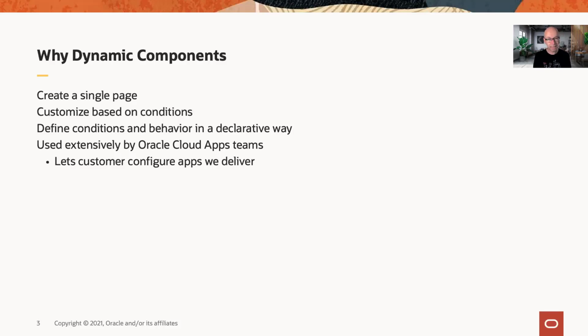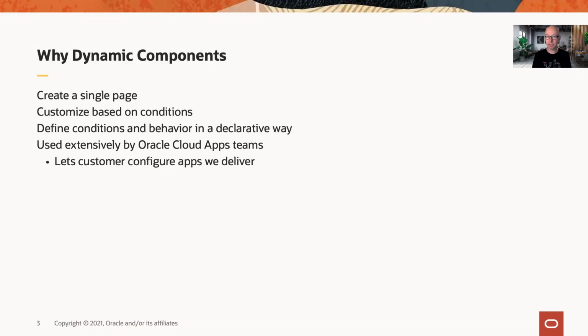So the idea is that you can now create a page, and the page would be customized based on condition, and you will define the conditions and the customization of the page in a declarative way rather than by coding everything in your page HTML or JavaScript.